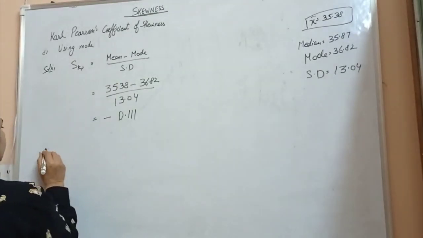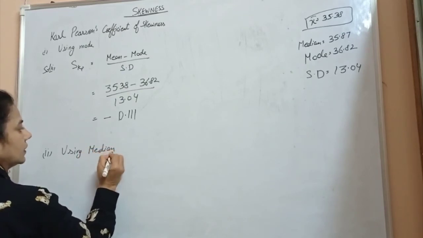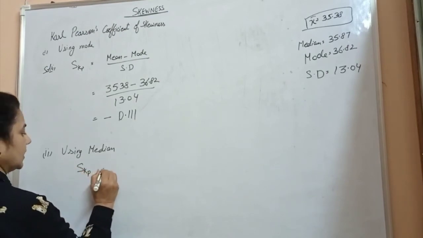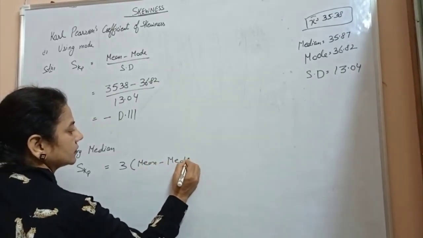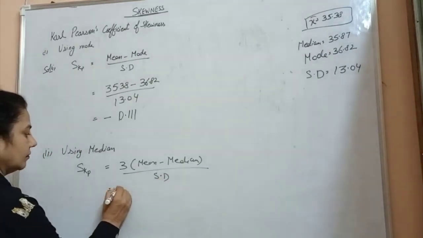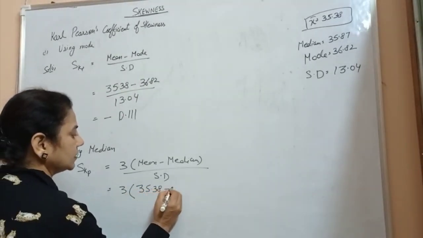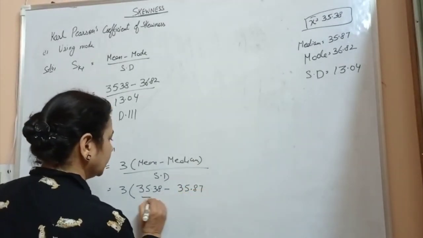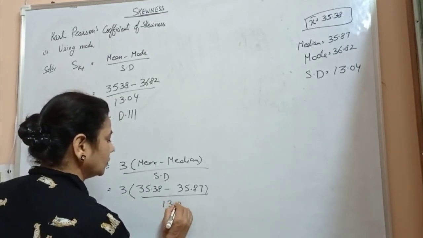To calculate using median, similarly apply the formula. The Karl Pearson coefficient of skewness says 3 times mean minus median divided by standard deviation. Write the value of mean as 35.38 minus median as 35.87, divided by standard deviation 13.04.